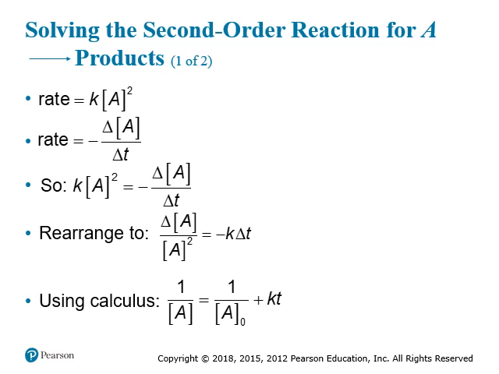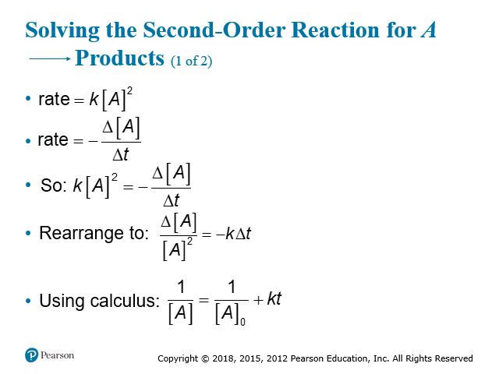Now, if we simply reverse the two components on the right-hand side of that equation, we again could see a y = mx + b situation, where 1 over A is y, m is equal to k, b is equal to 1 over A naught, and x is equal to t.